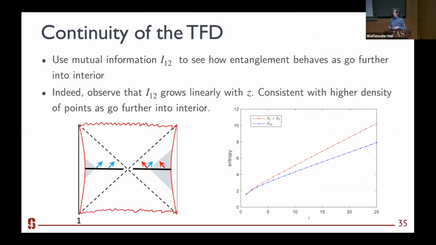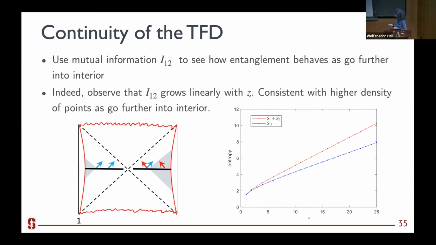So next we can probe some more general topological features of our geometry by using the mutual information. We're going to be exploring this in the regular thermal field double case, as well as perturbations of this geometry. We're going to see how the mutual information can help diagnose the continuity of this Penrose diagram.